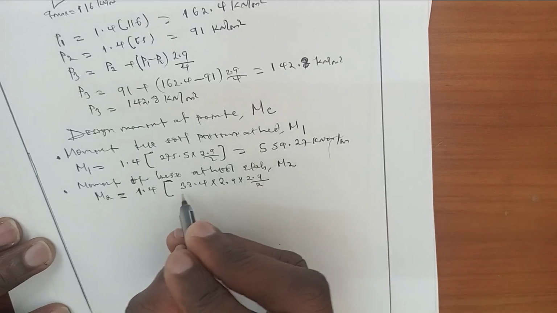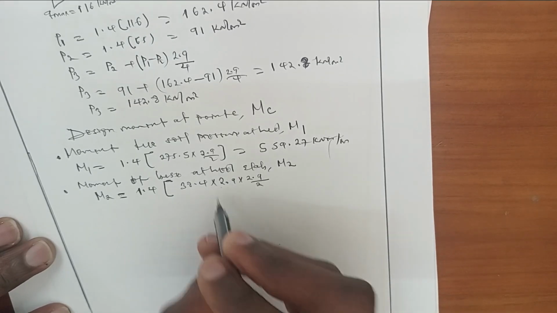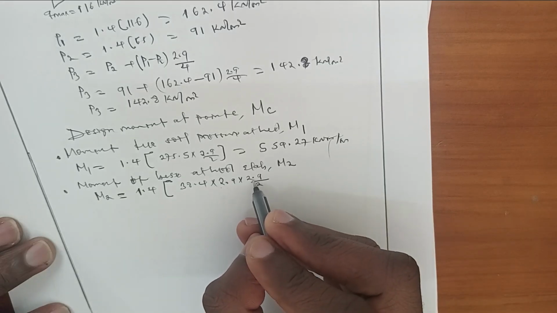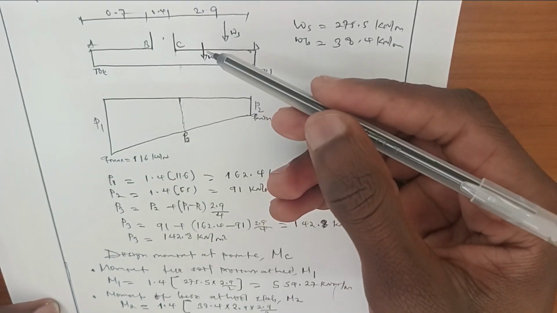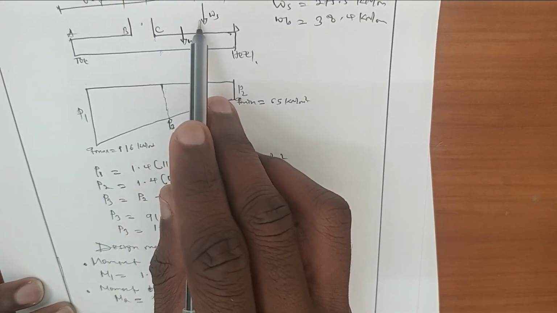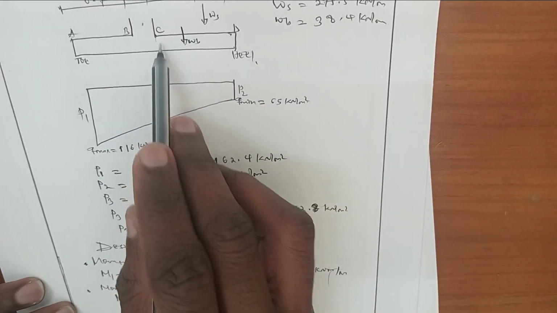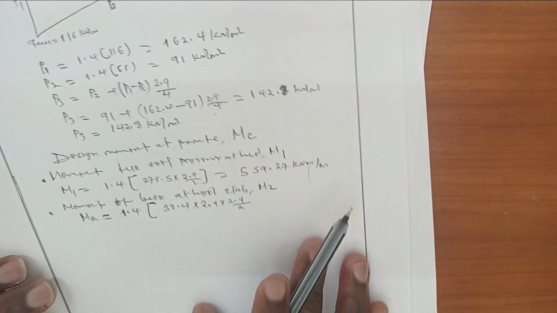This is the perpendicular distance. We multiply by this one so as to obtain kilonewton, by multiplying by the perpendicular distance, which is 2.9 divided by 2, because it rotates about this point. The perpendicular distance from this point to this point is 2.9.